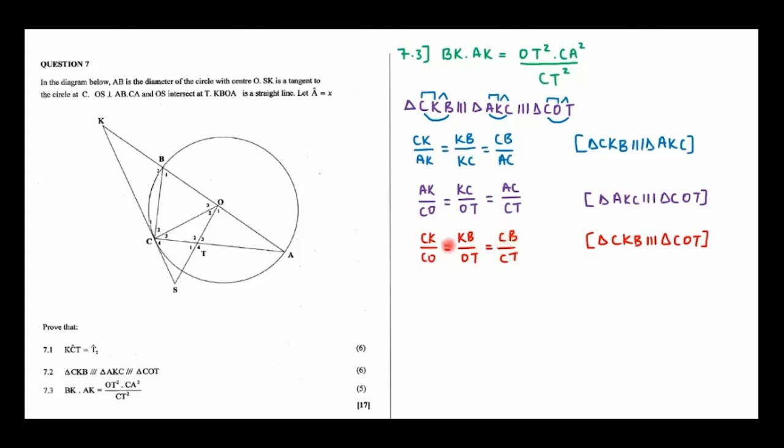Now, after I have this, most of the time when you write it like that, you will notice that some of the letters have been mixed up. Instead of having BK, you will have KB. So the next thing you do after you've listed all your similarities is to fix all your sides and make sure they're written in the same order.